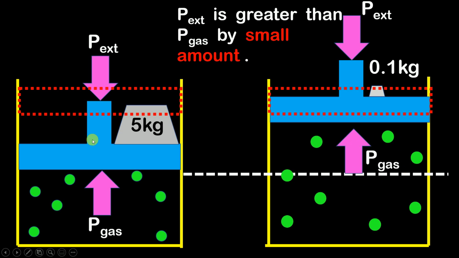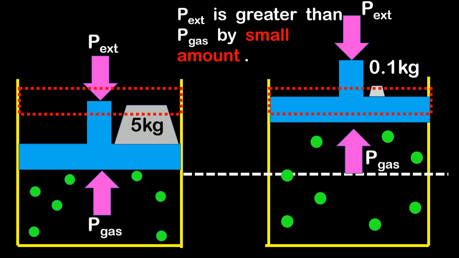But in this case, when you directly add 5 kg, the external pressure increases by a very large quantity. And when the external pressure increases by a very large quantity, then the difference between the external pressure and the pressure of the gas will also be large.